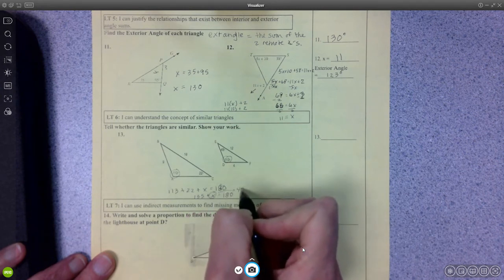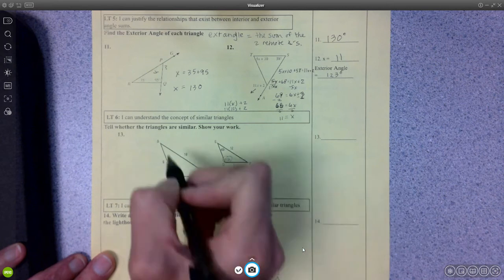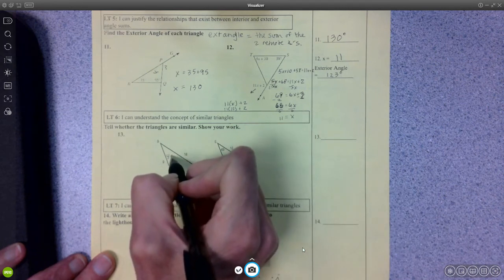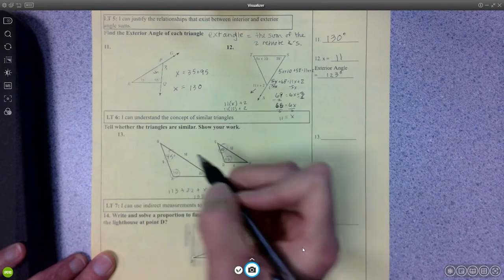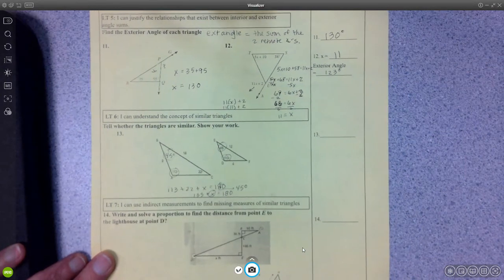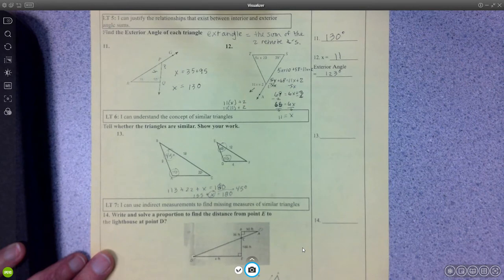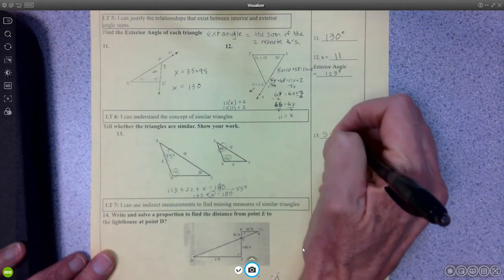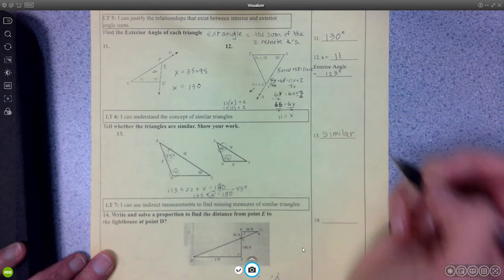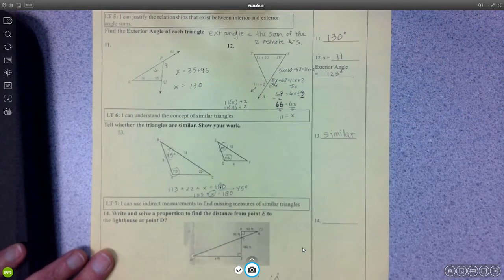So that's going to be 45 degrees. So right here, I'm going to have 45 degrees, and that tells me I have another angle that's the same. I only need two angles that are the same, because that means the third one is congruent. So they are similar because of the angles all being the same.